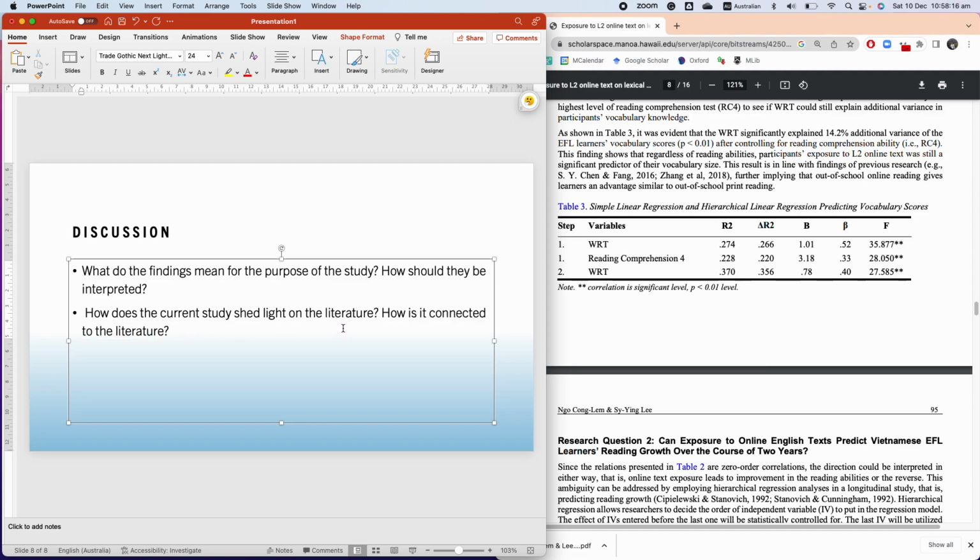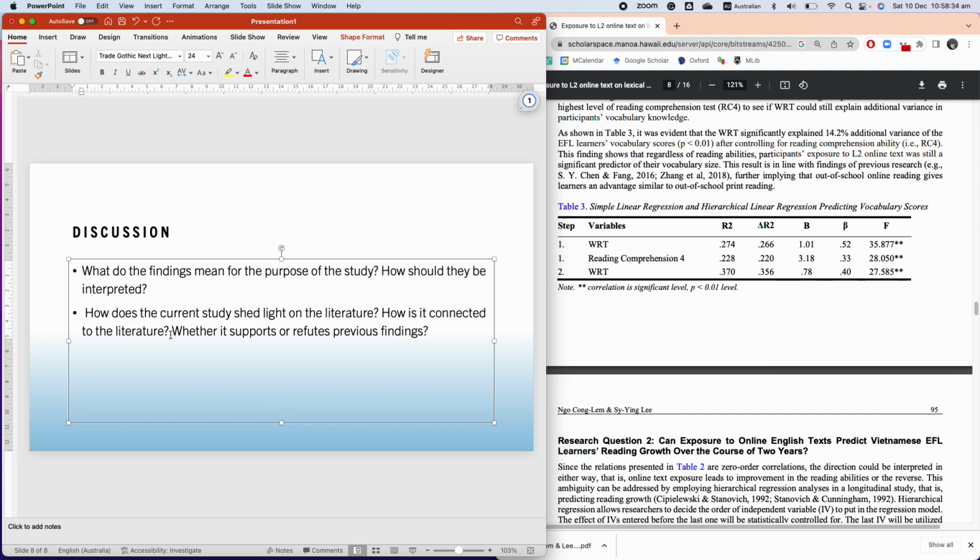So you need to explain: this is what I found, whether it supports or refutes previous findings.